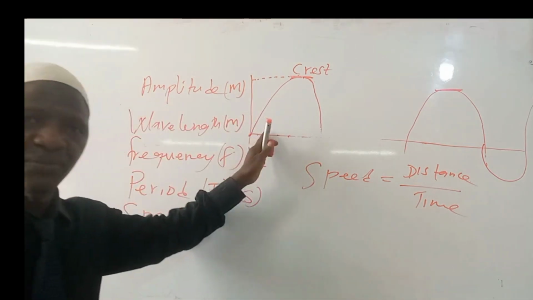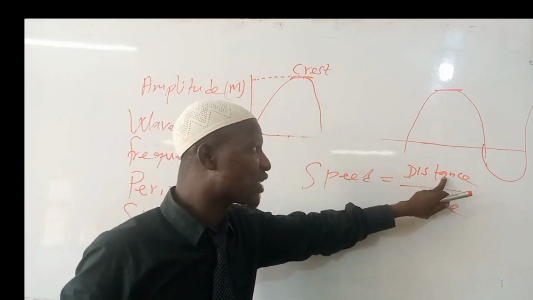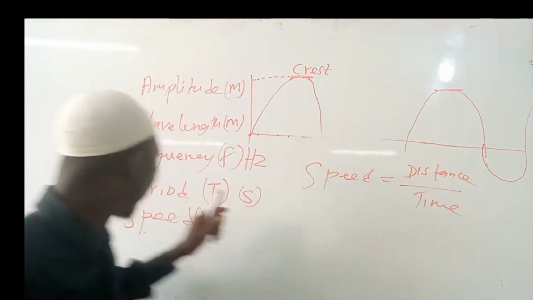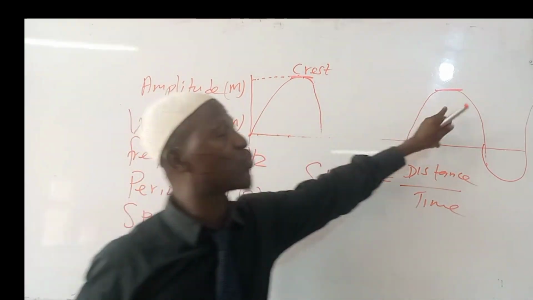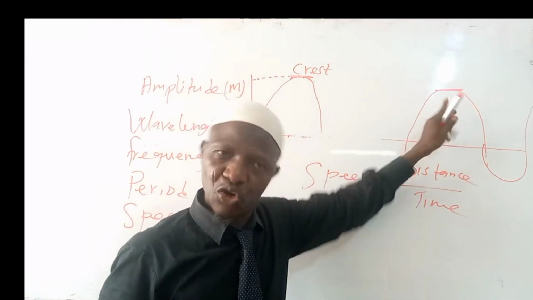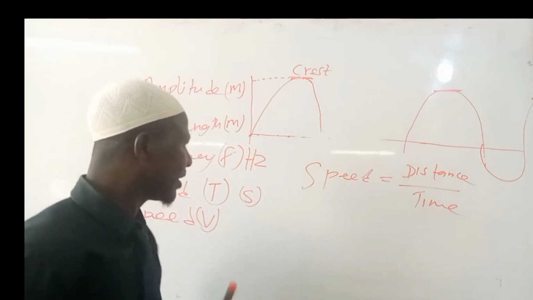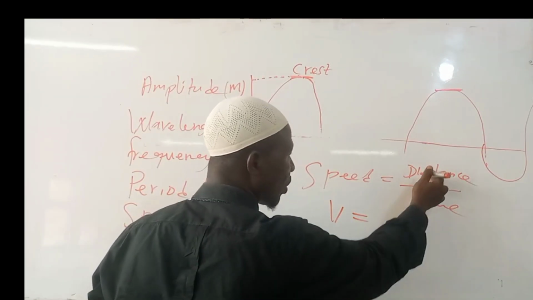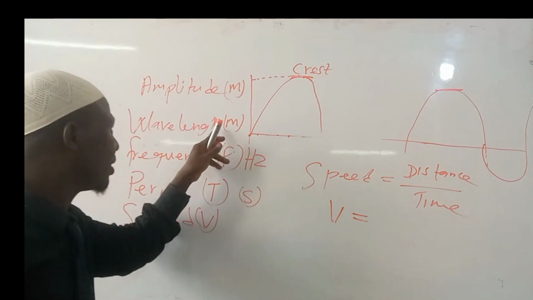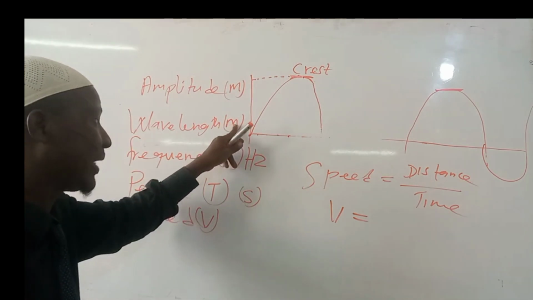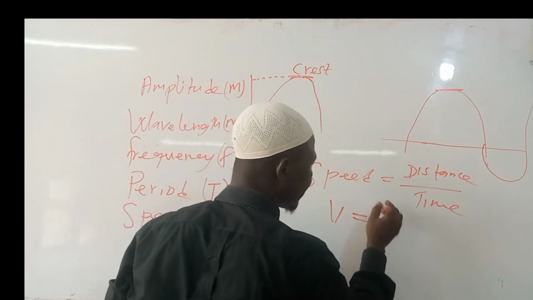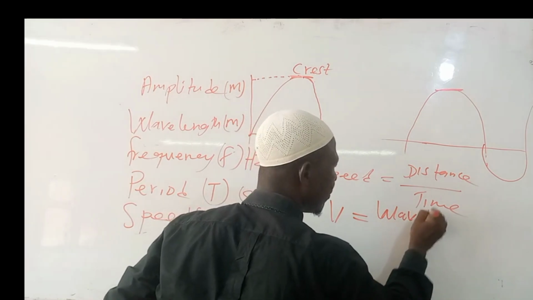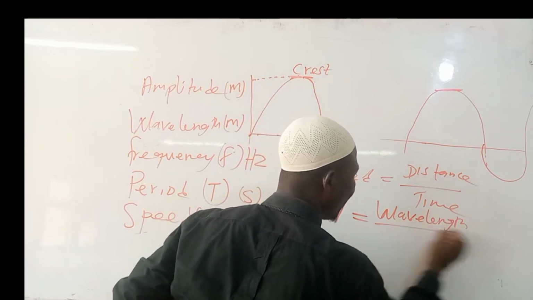So under wave, our distance will be replaced with what? Wavelength. Don't forget, wavelength is the distance between two successive crests. So you can easily derive the relationship. Speed V is equal to distance, instead use wavelength, lambda, which is measured in meters, over time.